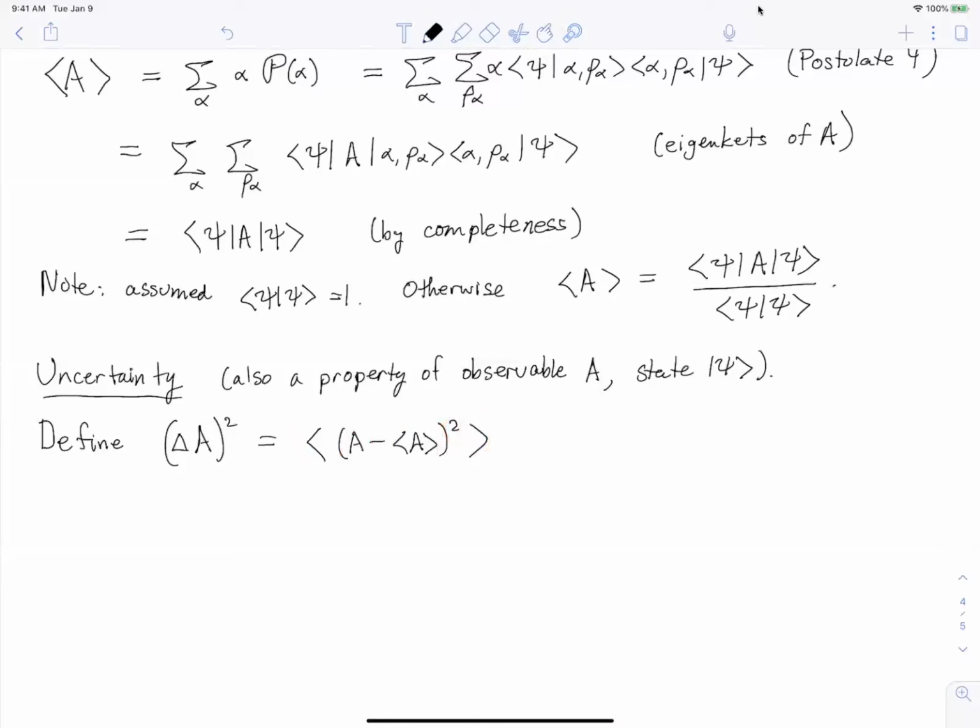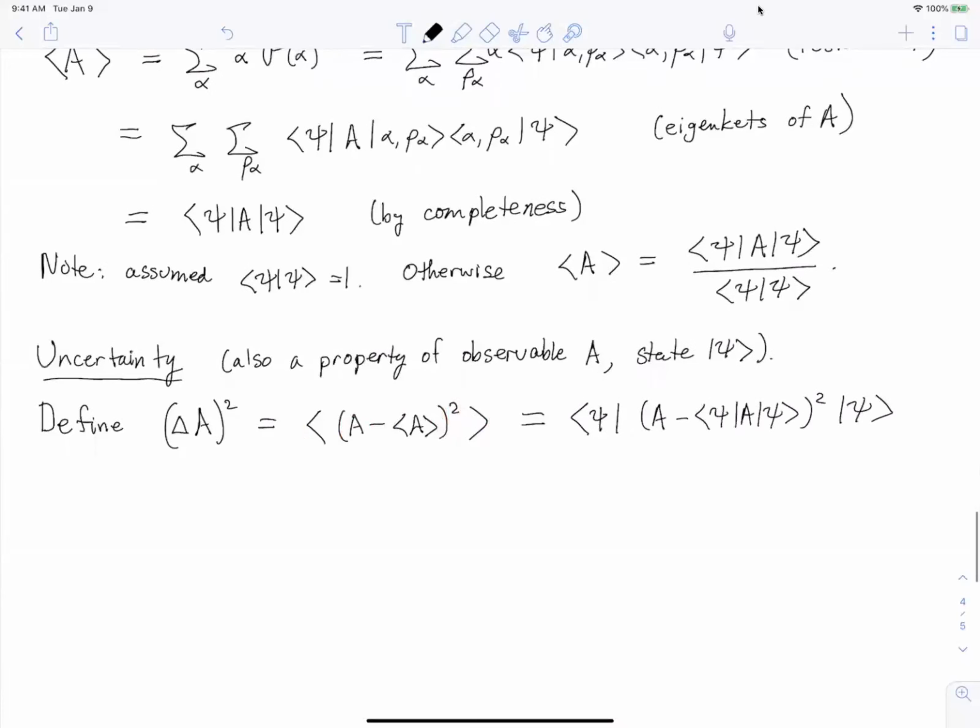That's just the definition. And now we can write this in a more simplified way as psi, (A minus <psi|A|psi>) all squared, psi. But that's a kind of clunky thing to compute. So we're going to expand this to get a nicer form for computing things.